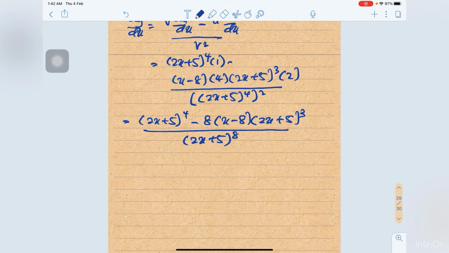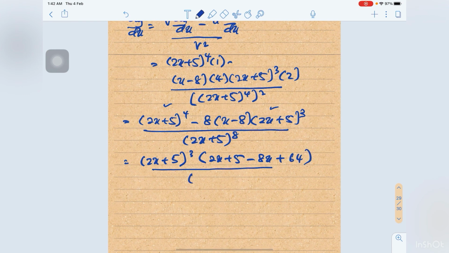Then here we can factorize. We move out the smaller power, so we have (2x plus 5) cubed. In the bracket is (2x plus 5) minus (8x minus 64), over (2x plus 5) to the power of 8.